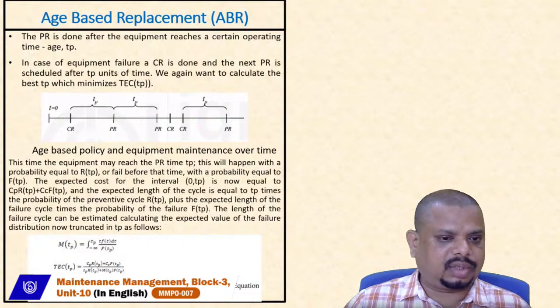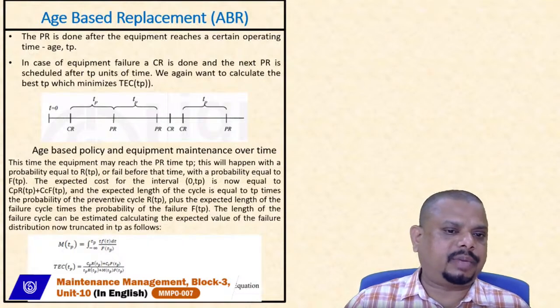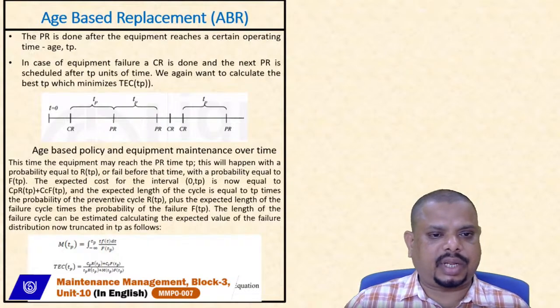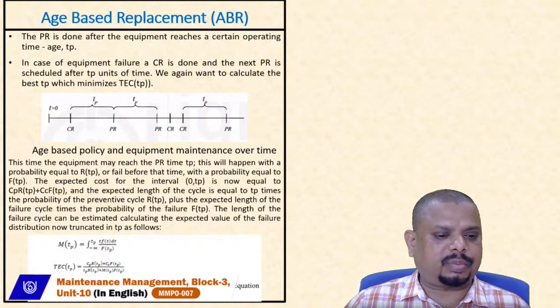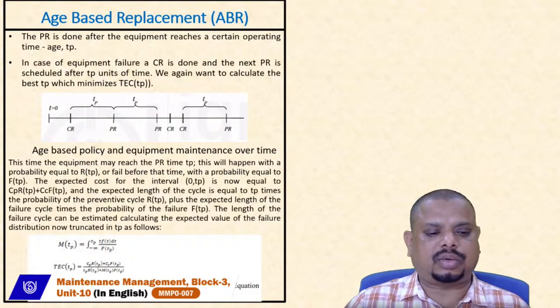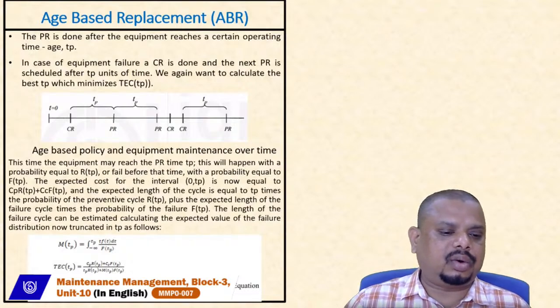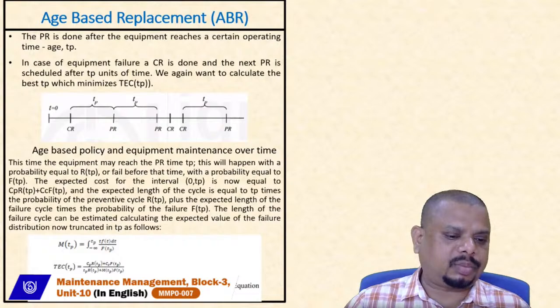If you go for the mathematical model, it is the same kind of model, but you have to think about the operating time as well as the age, so that you can easily apply age-based replacement. Here the mathematical model for age-based replacement is TEC(TP) equals CP times R(TP) plus CC times F(TP), and again the whole divided by TP times R(TP) plus M(TP) times f(TP).